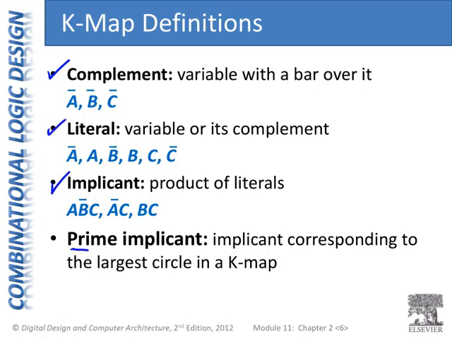And now we're going to define this new term. Prime implicant is an implicant corresponding to the largest circle in a K-map. So a prime implicant has the fewest number of literals in that product term because the circle is as large as possible.